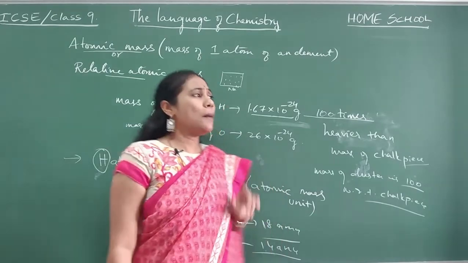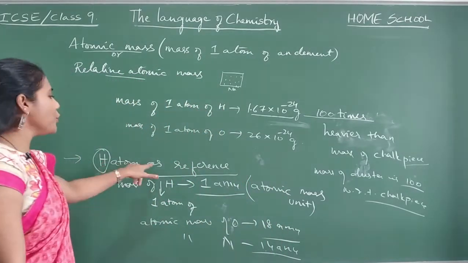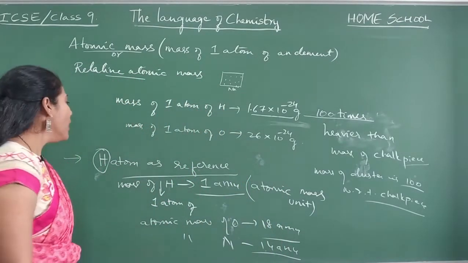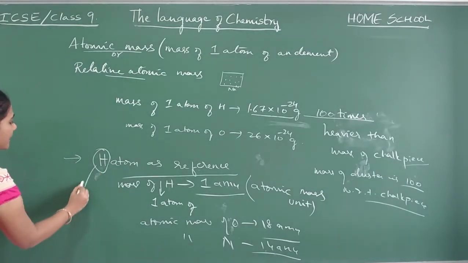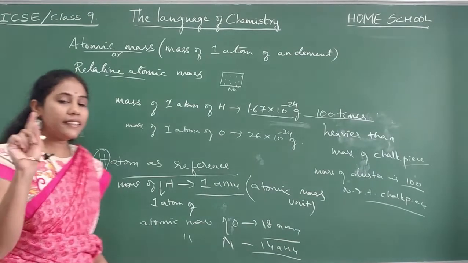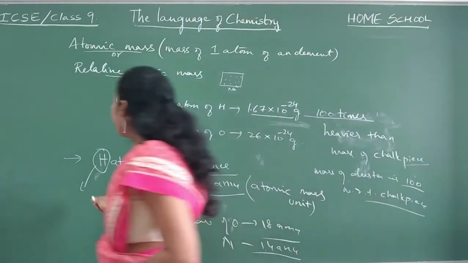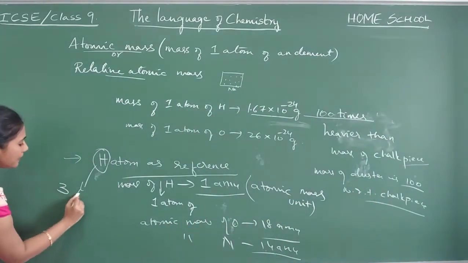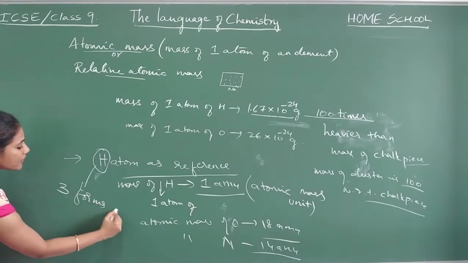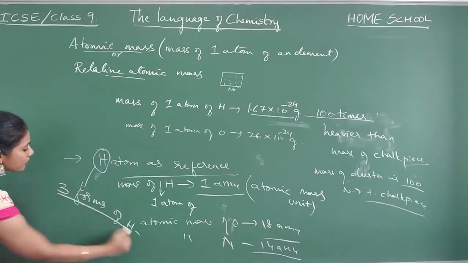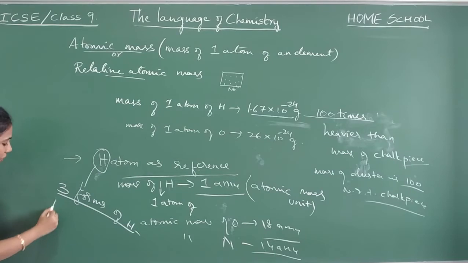But the problem is they took hydrogen as a reference, yes or no? But hydrogen has 3 isotopes, guys. There are 3 forms of hydrogen available in nature. The first one is hydrogen, which has atomic mass 1.